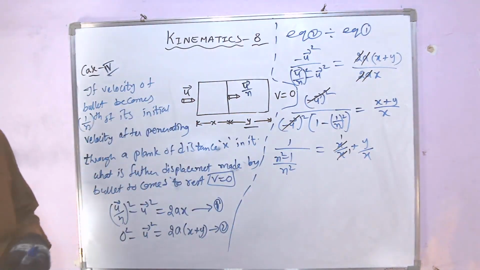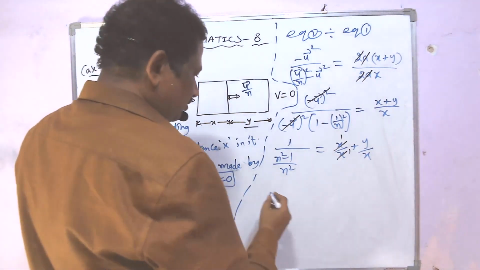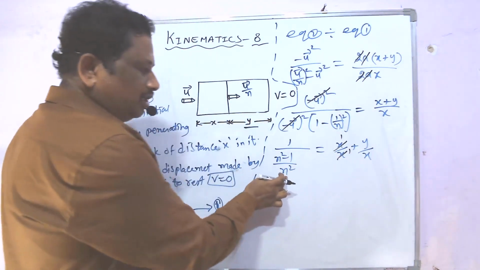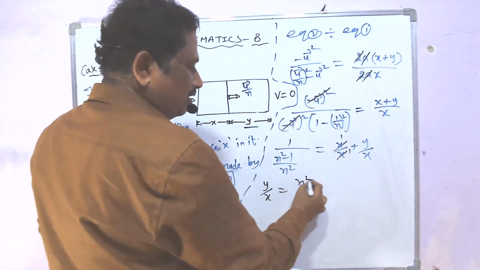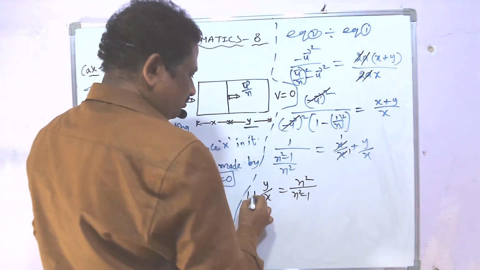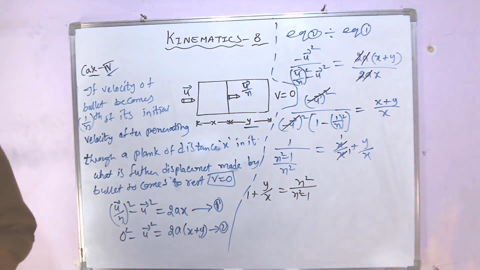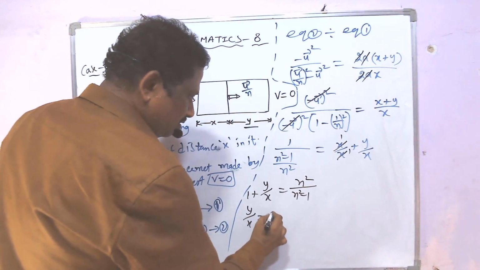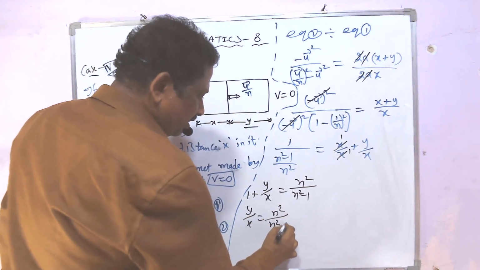Now send that one to this side. So y by x is equal to n square by n square minus 1, where n square goes to the numerator. Sending 1 to that side, y by x is equal to n square by n square minus 1 minus 1.